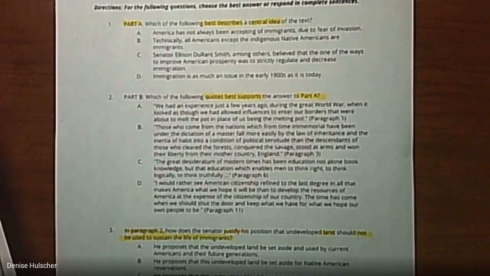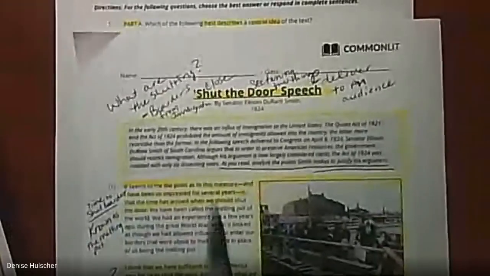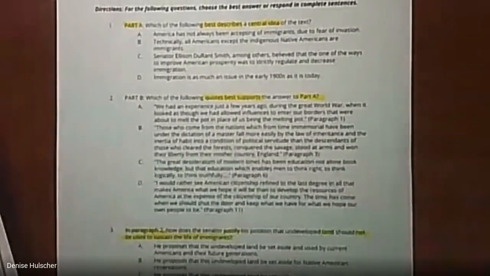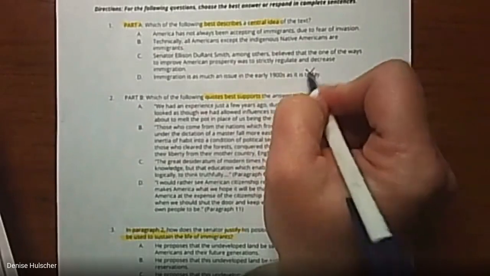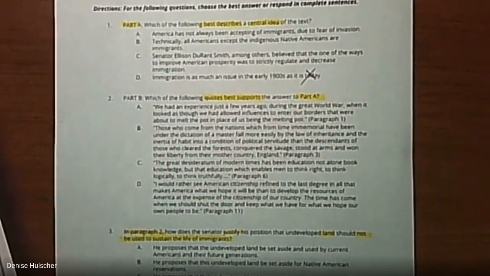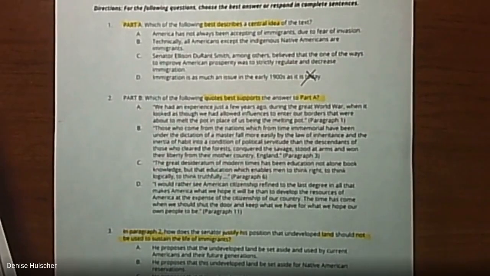We know that, being logical thinkers, it could, but this again was written when? 1924. Okay, so we know that today is going to rule out D. America has not always been accepting of immigrants due to fear of invasion.